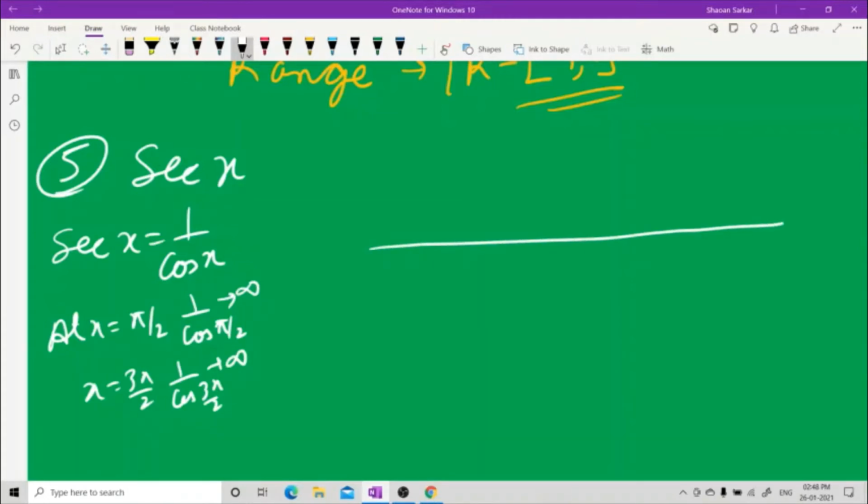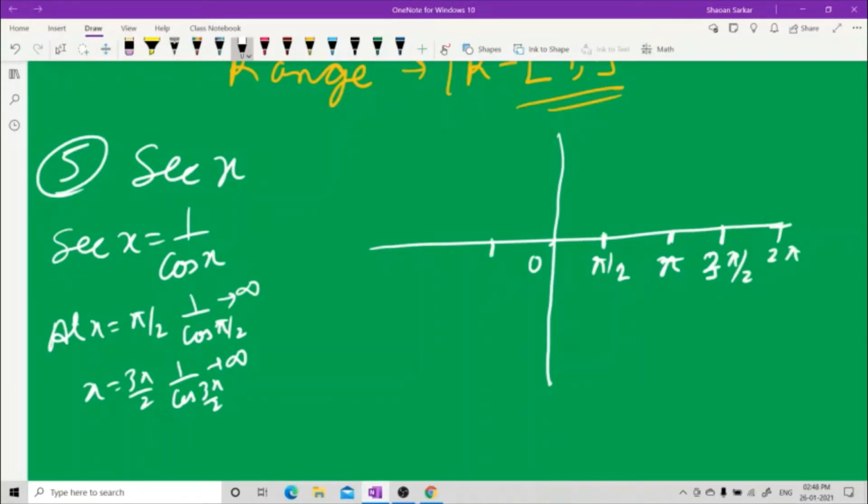Let us draw the cos graph. This is our 0, pi by 2, pi, 3 pi by 2 and 2 pi.